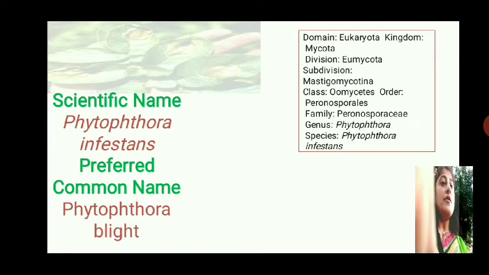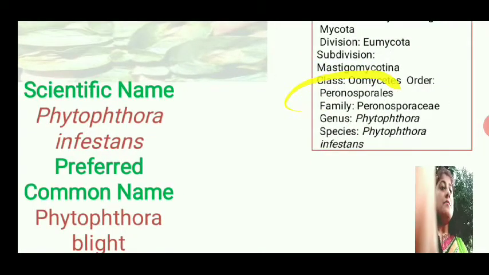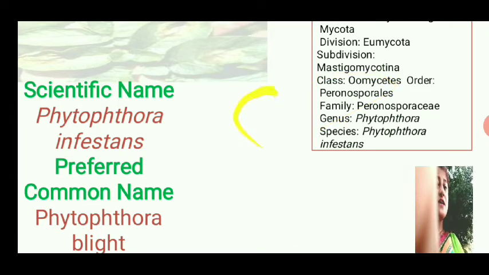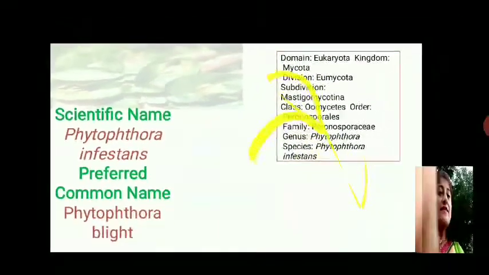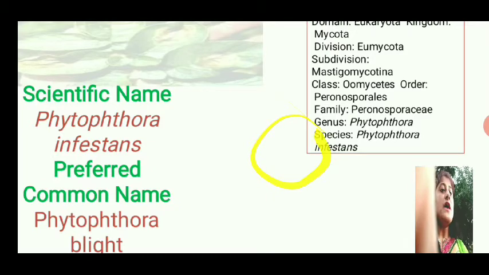They have been classified under the Mastigomycotina subdivision because they have some motile cells. Mastigomycotina differs from the other subdivisions in the presence of motile cells. Lastly, the class is Oomycetes because they have oospore as their sexual spore, and they also have zoospores as their asexual spores that are anteriorly flagellate. These zoospores are biflagellate, one of the flagella being tinsel and the other of whiplash type.